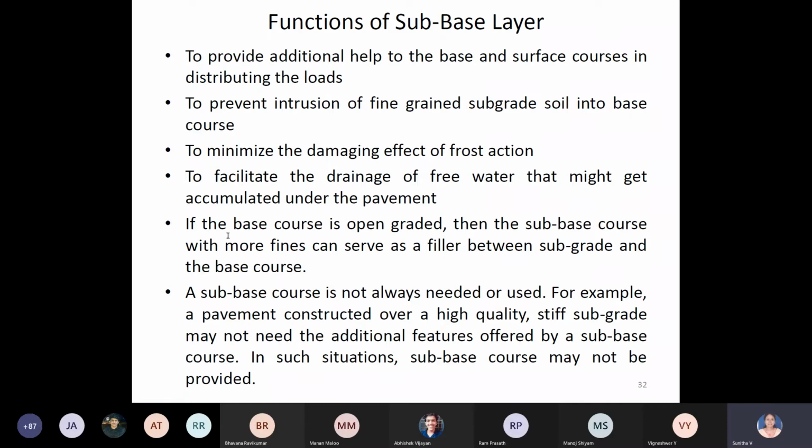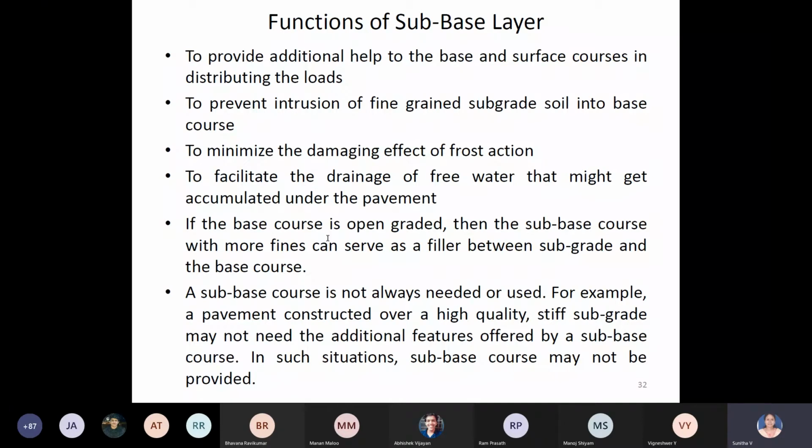The next one: if the base course is open graded, it means there will be a lot of voids. You will be using open graded or closed graded. Open graded means you will have aggregates mostly of bigger size only. Closed graded means you will have aggregates of bigger size, but also aggregates of smaller size, such that the voids in the bigger aggregates will be filled by the smaller aggregates.